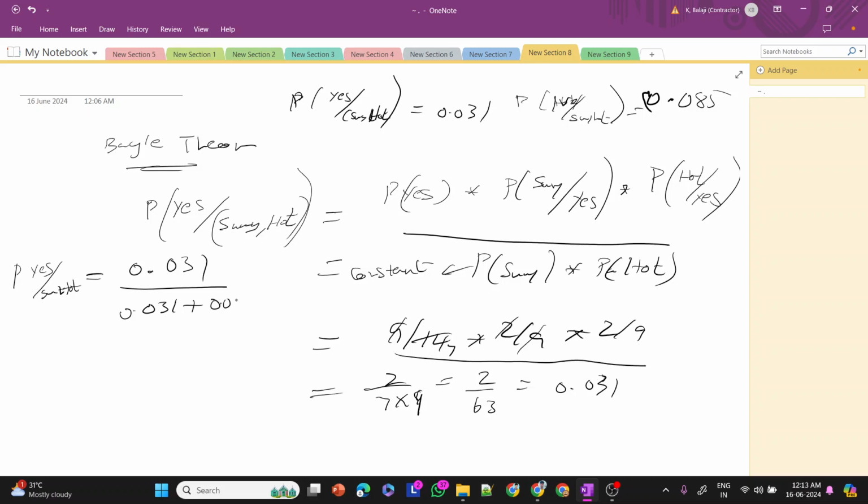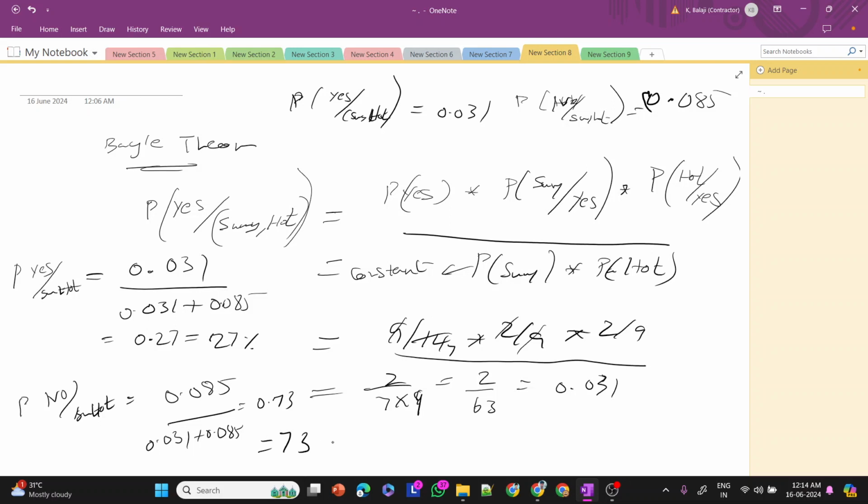We get 0.27, which is 27%. For the probability of no when it was sunny and hot, the exact value is 0.085 divided by 0.031 plus 0.085, which is 0.73, and the percentage is 73%.